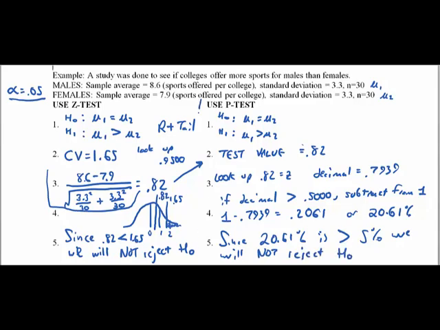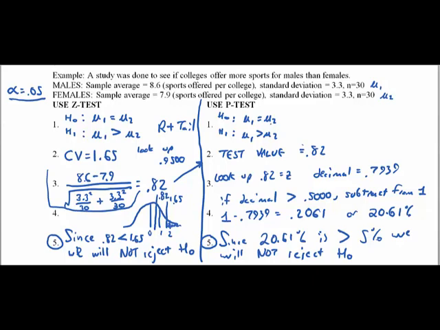This brings up an interesting point, and my last comment before this video ends: your conclusions for p-tests and z-tests using the same data should be the same result. Yes, in step 5 we're comparing z-scores, and here we're comparing percentages. That's why this is called the z-test, comparing z-scores, and the p-test, comparing percentages. But the results are the same.